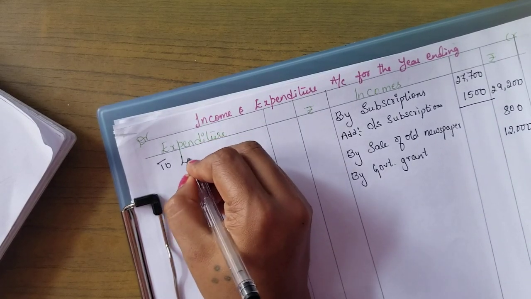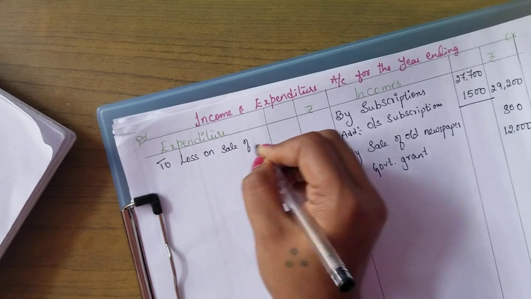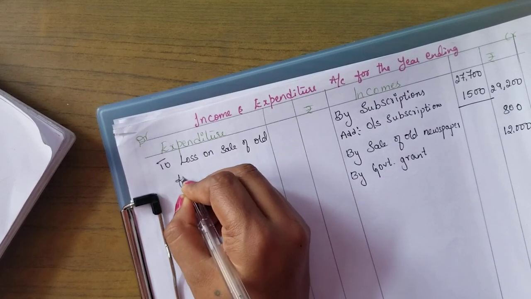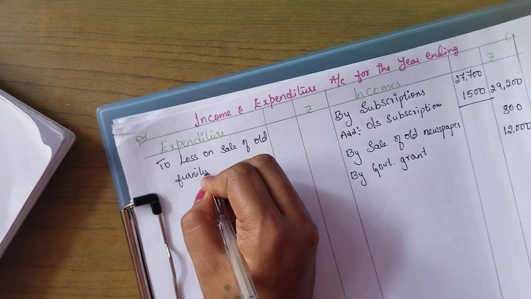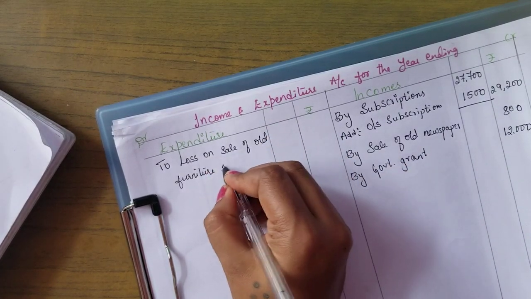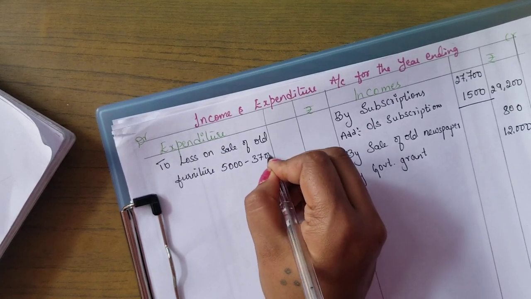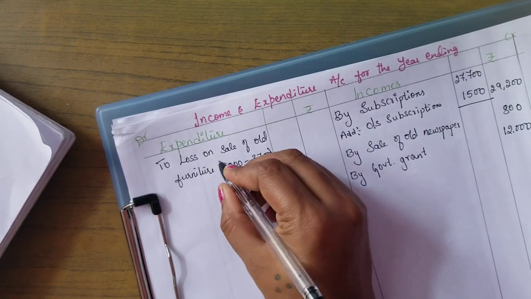To loss on sale of old furniture. The actual cost of furniture is 5,000 and they have sold it for 3,700.